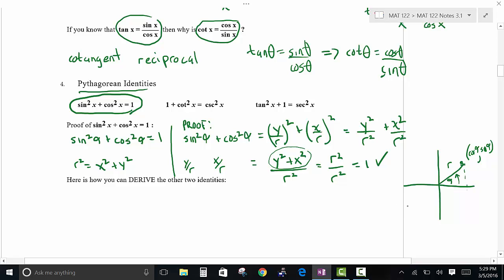You kind of end up having a right triangle in a unit circle where this is alpha, the x value is the cosine, the y value is the sine, and that's r, so that is direct application of the Pythagorean theorem. So you would have cosine squared alpha plus sine squared alpha is equal to r squared, and of course in a unit circle, r is equal to 1, so you get cosine squared alpha plus sine squared alpha equals 1.